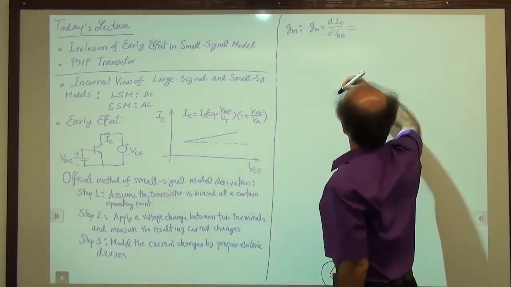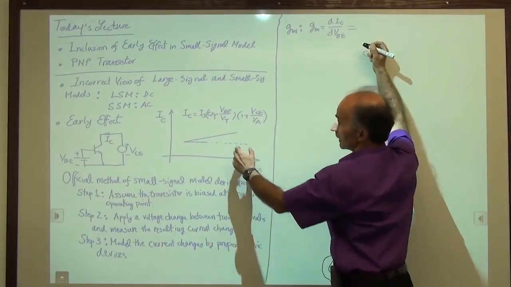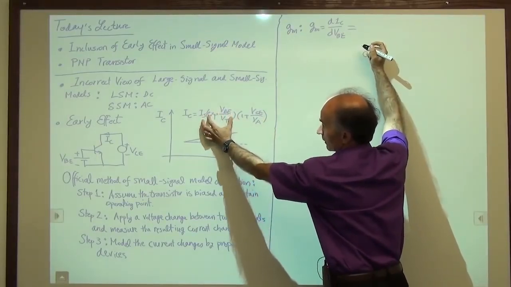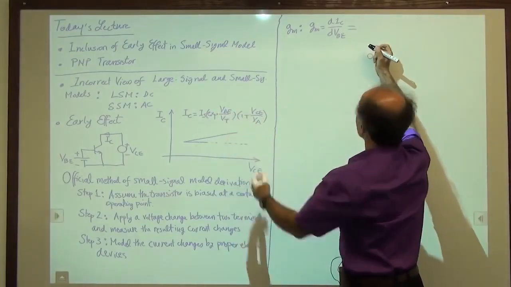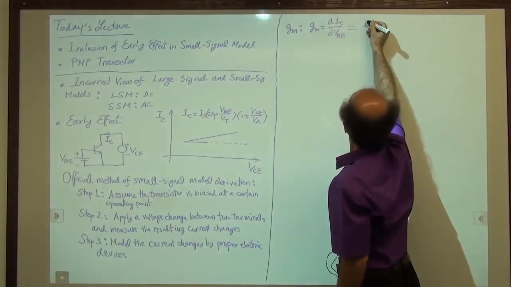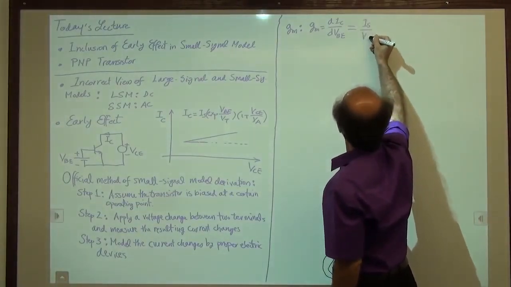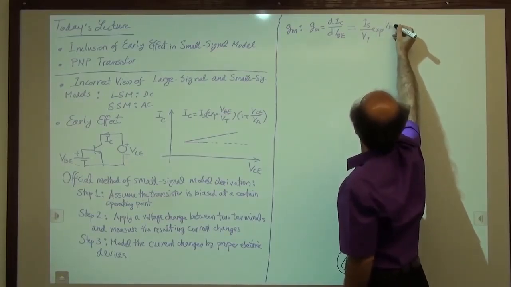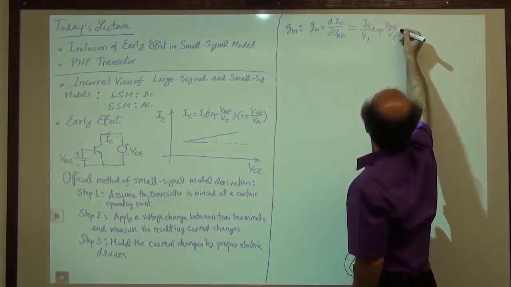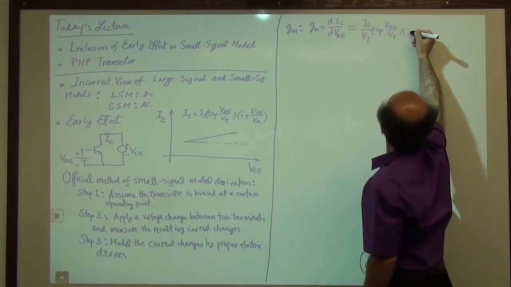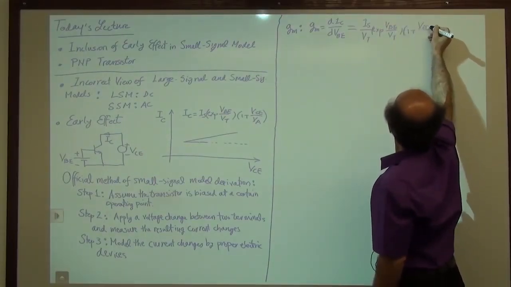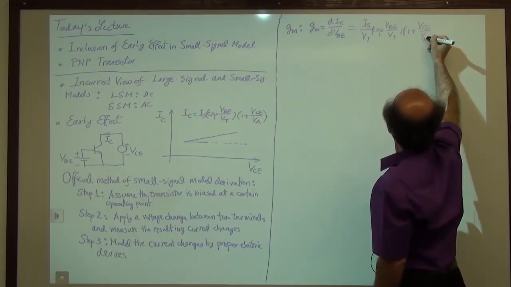That's not that big of a deal. The derivative of this is still just the derivative of this exponential multiplied by all of these things. So it's just IS over VT exp of VBE over VT, and then 1 plus VCE over VA.